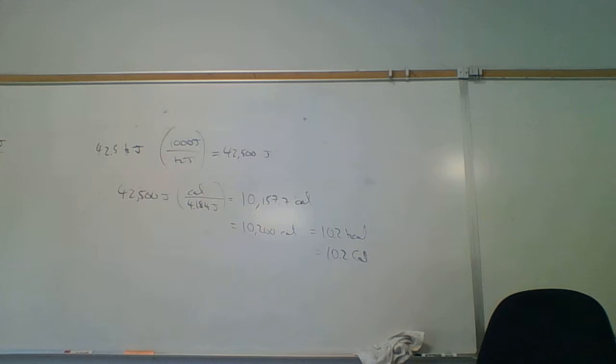Can you gain a minus $10 bill? No, you lose. And so energy is like money. There's no such thing as negative energy. You only have positive energy. The negative sign is just to indicate which direction it goes. If it loses, it's minus. If it gains, it's plus.